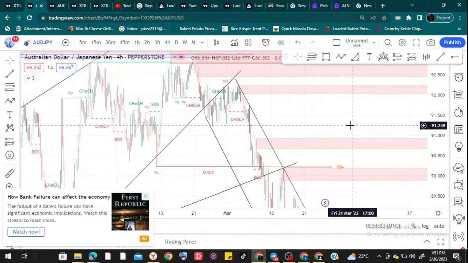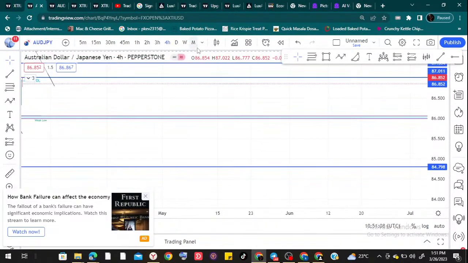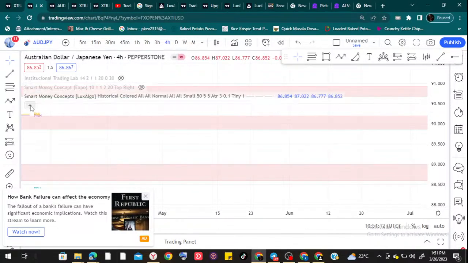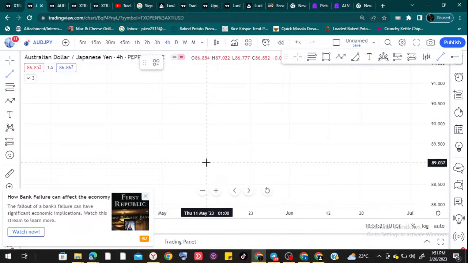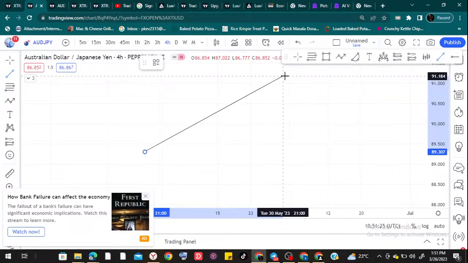But what most of you have been taught about the change of character, let me hide this first, then I draw for you so that you can understand what I mean by change of character. I'll just draw a trend line, let's say.